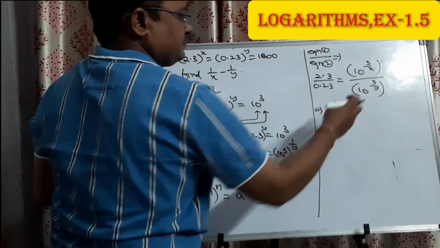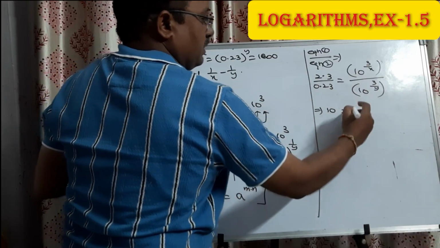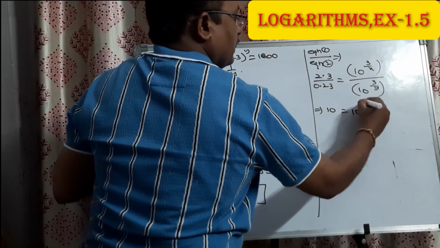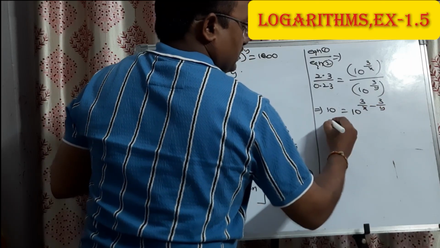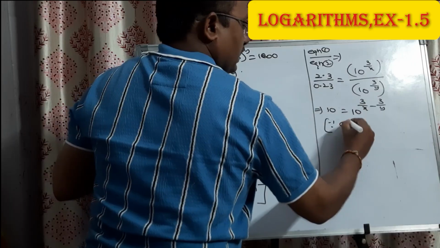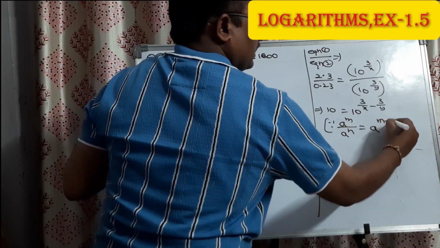It looks like a power m by a power n model, that is a power m minus n. This is the formula we are using: a power m by a power n is equal to a power m minus n.